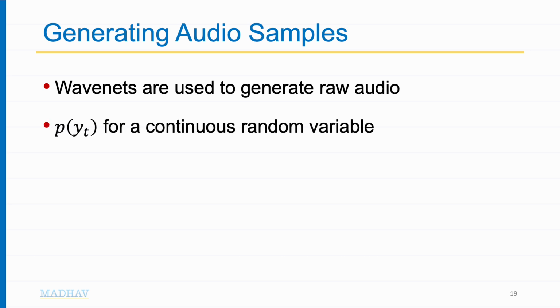Now, P(y_t) is a continuous random variable in this case, right? You can always normalize your audio so that the amplitudes lie between -1 to +1. Right? That you can always do. So now it's a continuous random variable with values between -1 to +1, right?